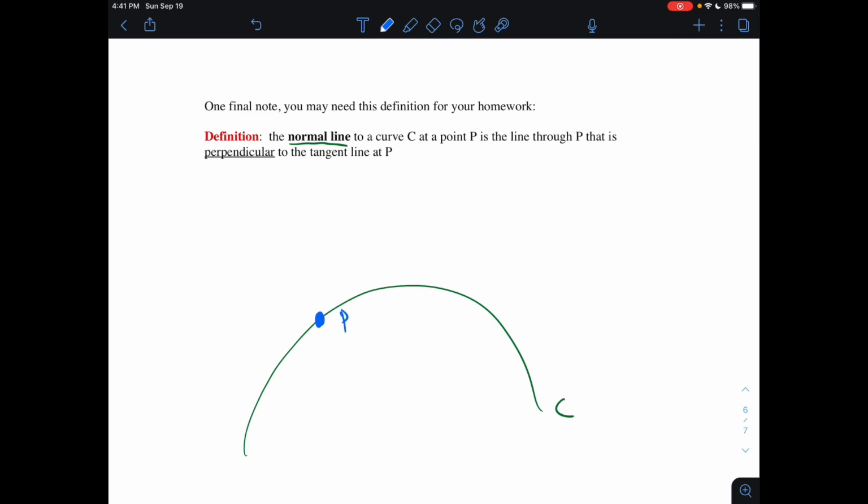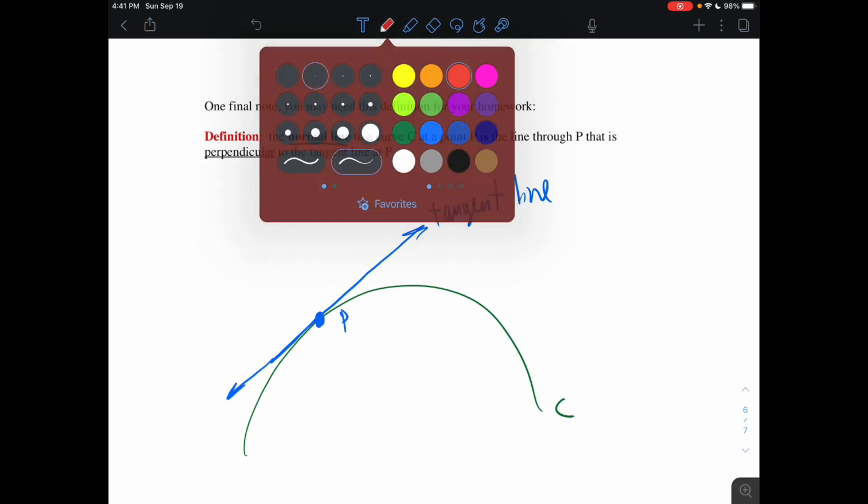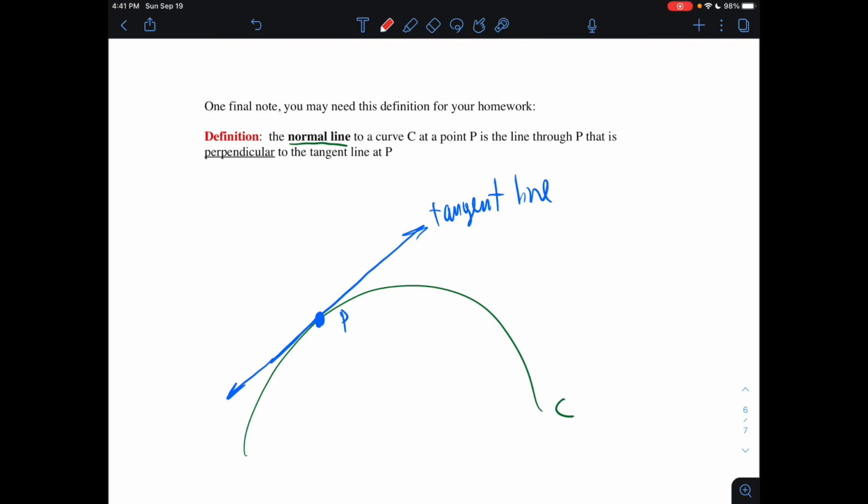The tangent line would be the one that just touches the curve C at this point P. So that's our tangent line. The normal line is the one that is perpendicular to the tangent line, which means it has to be at a right angle.